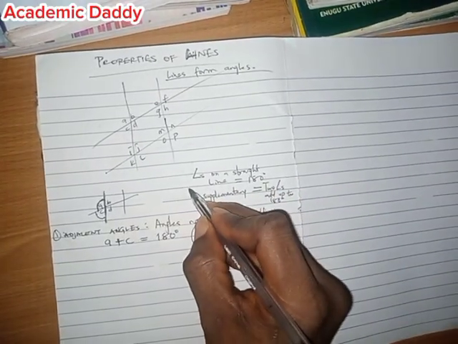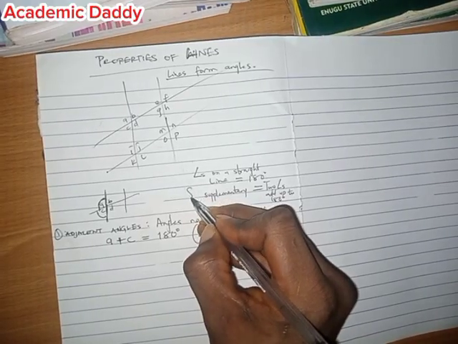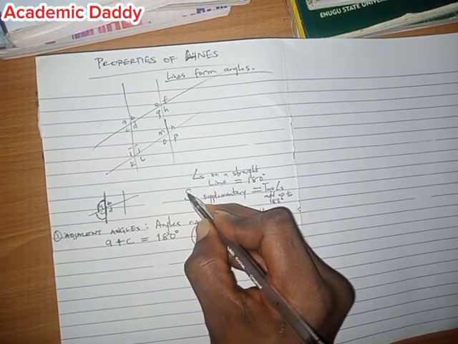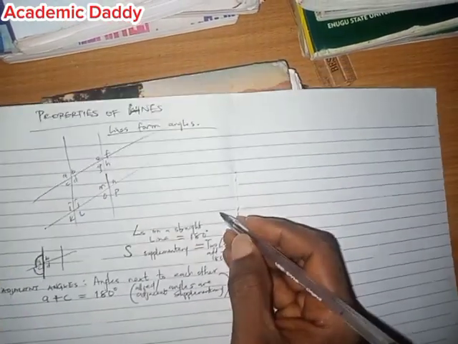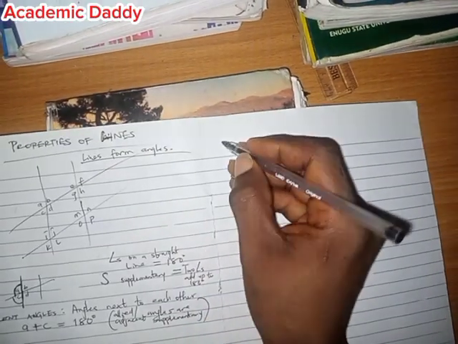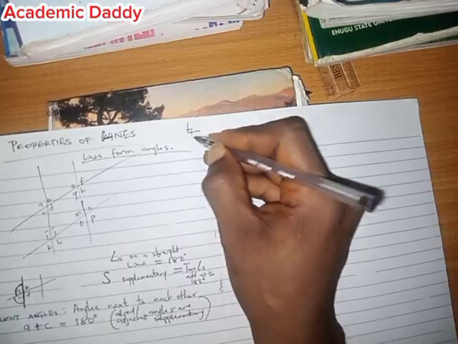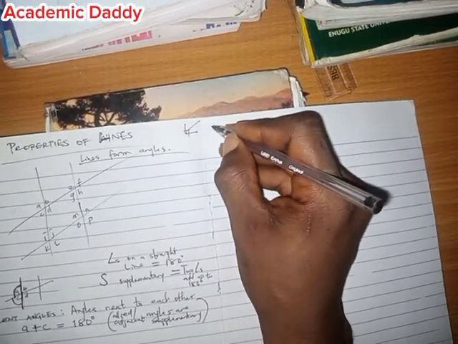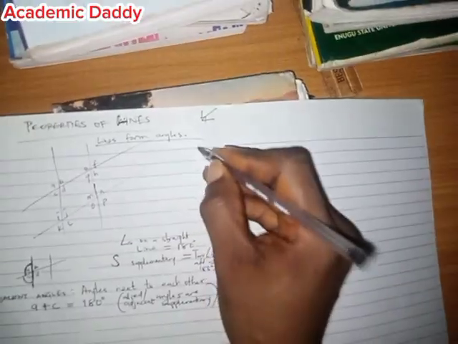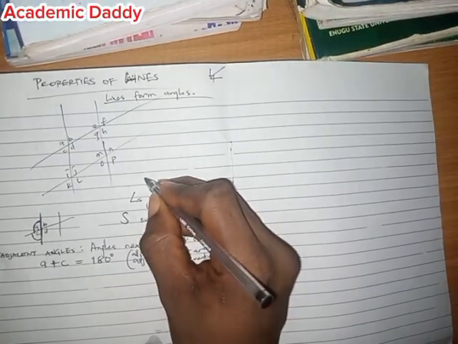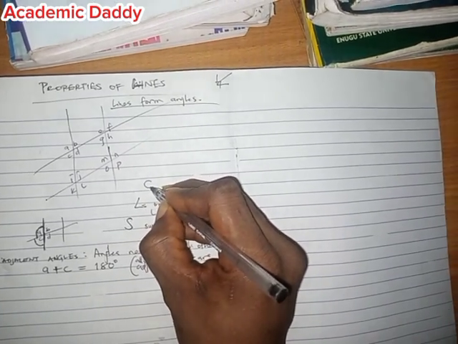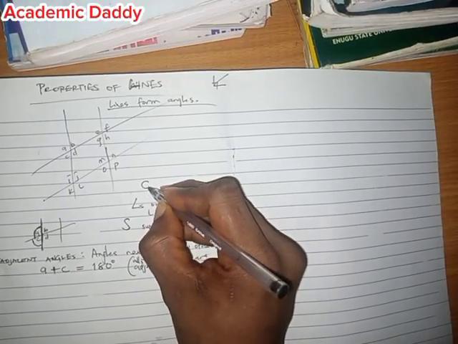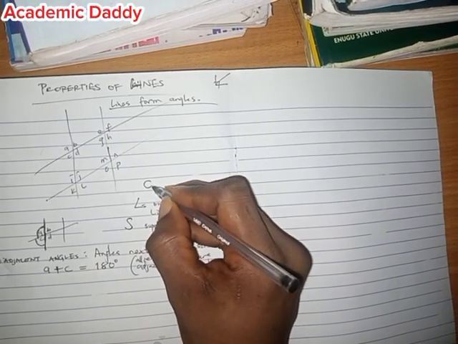I normally use the letter S, and inside it 180, to write supplementary. While when I start doing perpendicular lines, when I have two angles adding up to 90 degrees, they are complementary angles.